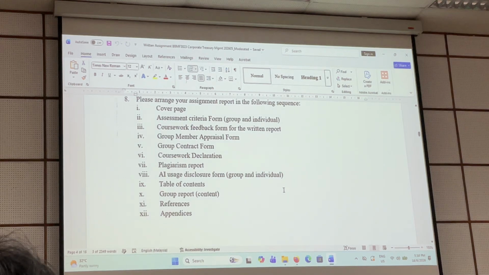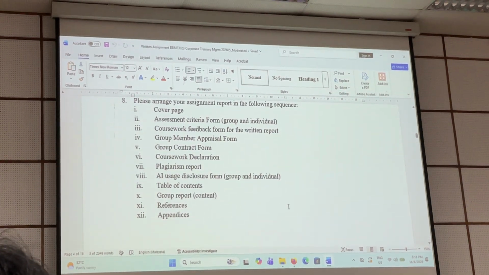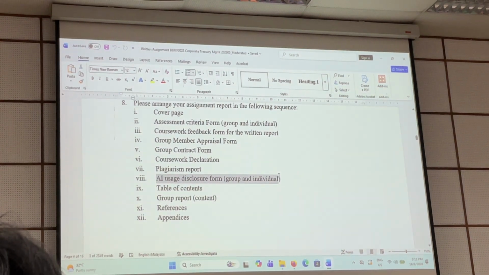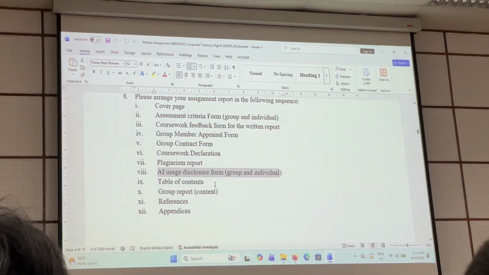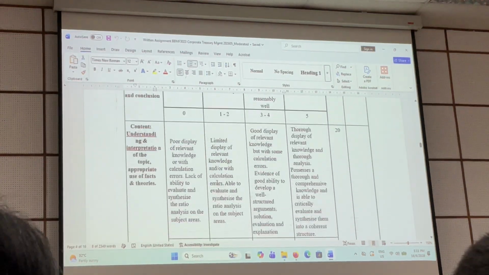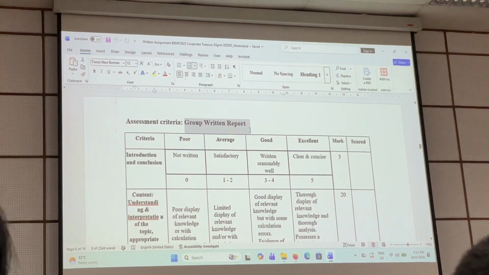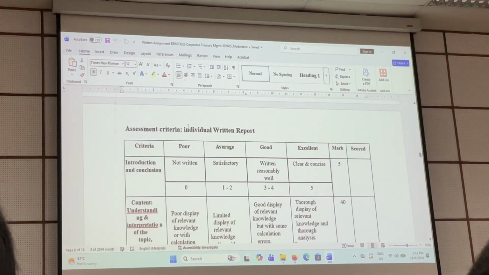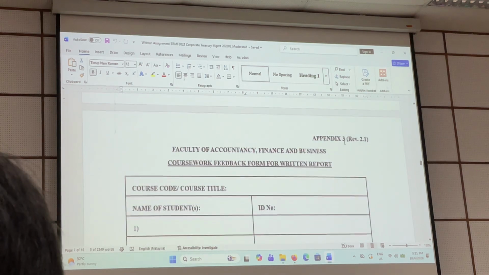I've given you all this, the required documents. Okay, this is normal, yeah? And now you have the new one. AI usage and disclosure form. I've also attached that. So your form, cover page, your group report, marking assessment, 40%. Individual report, 60%.